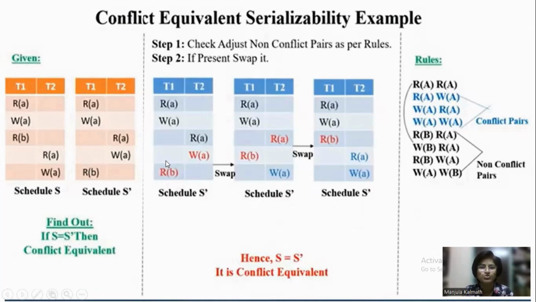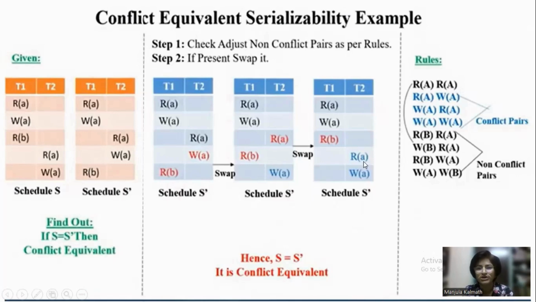So now we have to go for the swapping. I'll be placing this RB to the upper position and WB will be taken to the lower position. Like that, here we have RB as well as RA. That A and B are two different data items, and it is a read operation, so we can shift it.